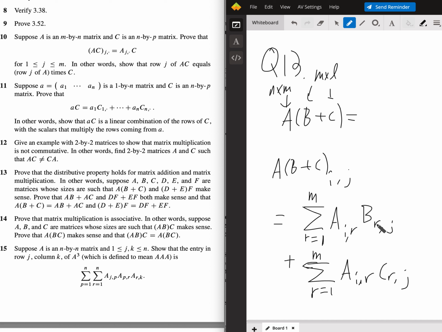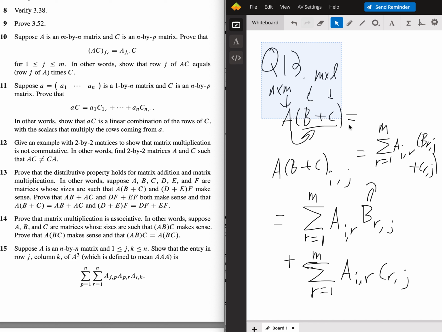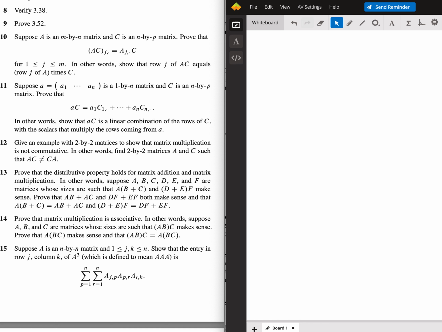Yep. And once you arrive at this stage, the realization is very natural that you can just group them together. And once you group them together, then you see that you can add B and C first and then apply A to it, or you can distribute it with AB plus AC. This is true for arbitrary entries of AB plus AC, so it's true for the entire matrix.